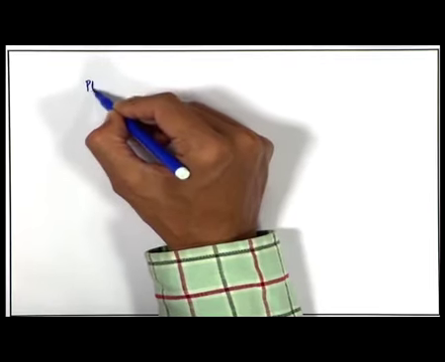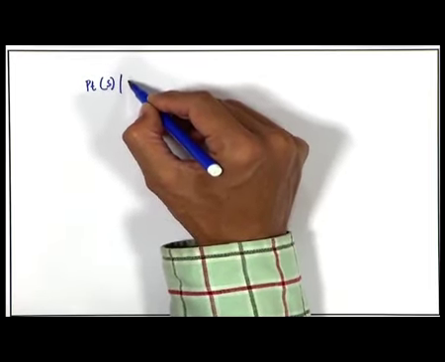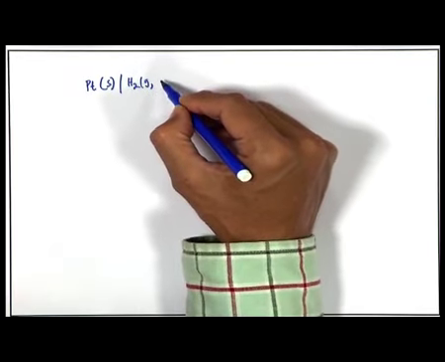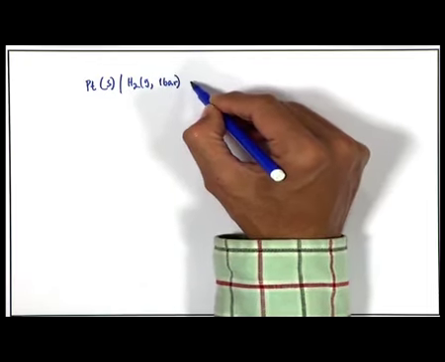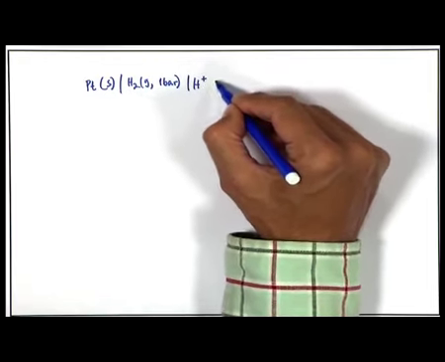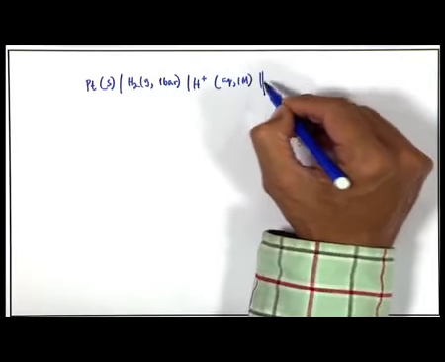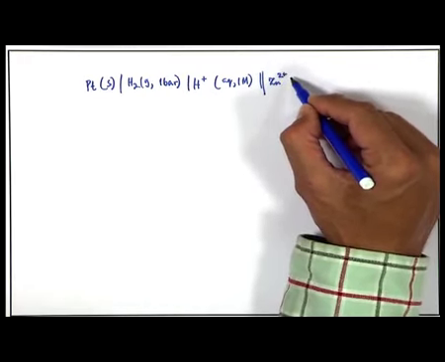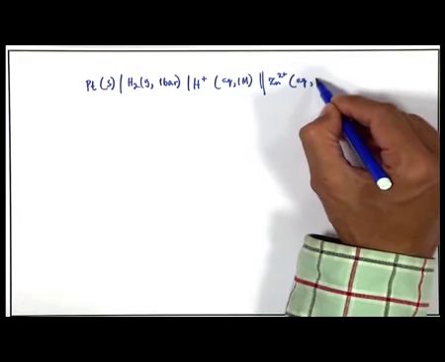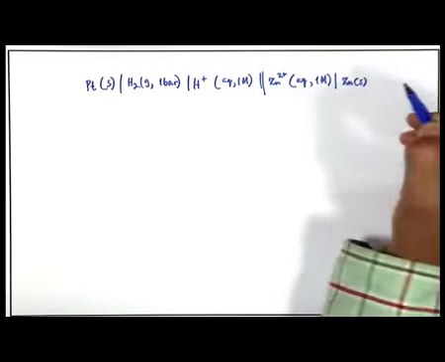The prescription is the same, that you construct a cell, it is platinum solid, you couple with hydrogen electrode, H2 gas, then 1 bar pressure, then H plus aqueous 1 molar, then zinc 2 plus aqueous maybe 1 molar, then zinc solid.